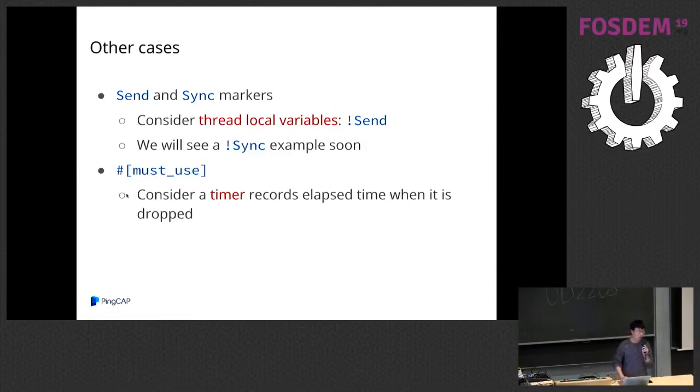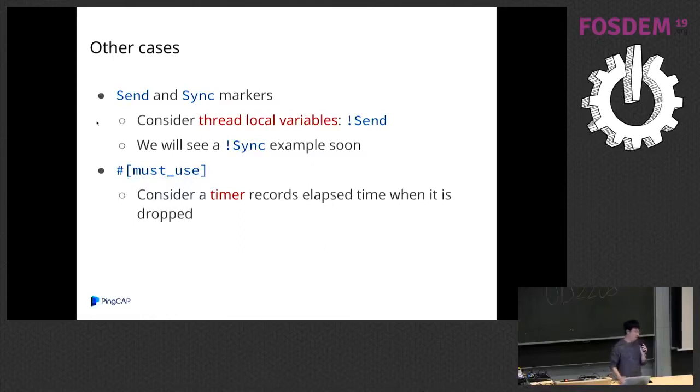And we'll see an unsync example soon. And also we utilize must_use attributes. Must use means that this type must be used. For example, in Rust, the Result type is must_use. If you have a Result and you don't put it in a variable or don't call its method, the compiler will reject your code.